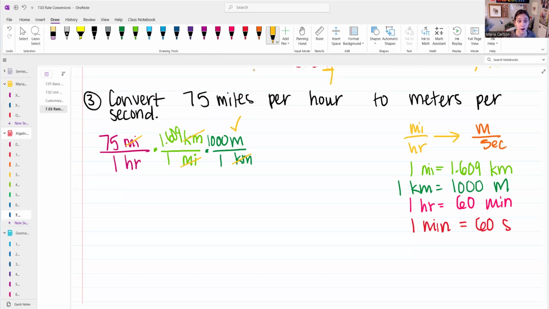Now I need to convert hours into seconds. So I am going to multiply by another conversion factor, noticing hours right now is in the bottom. So if I need to cancel this unit, it will now have to be in the top. So hours, I'm first going to convert into minutes. And 1 hour is 60 minutes.